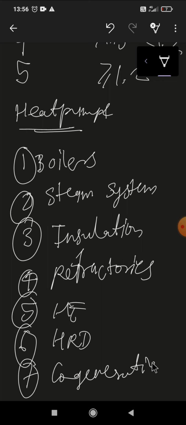And now we will see heat pump and its application. So these are all the equipments which we have seen one by one, and how we can save the energy in them.